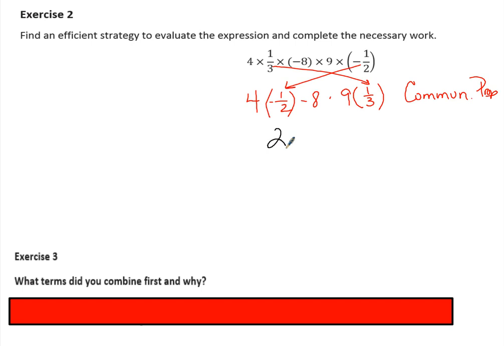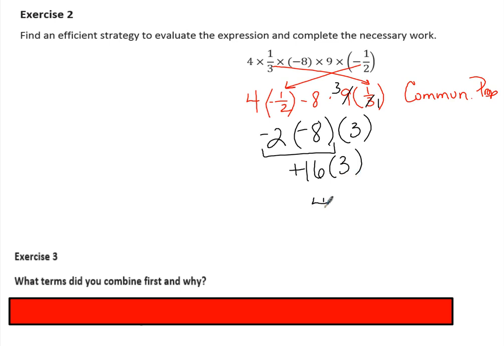But I have one negative sign, so I'm going to keep it. So I have -8. And then again, I can cross cancel here, and I'm just going to have a 3. Now I can do -2 and -8, which is +16 times 3, and 16 times 3 is 48.